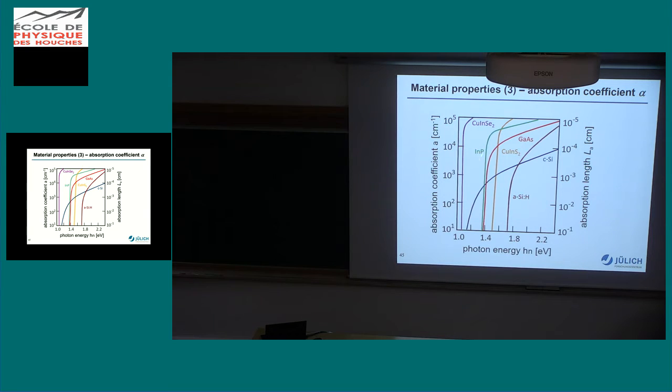And that's the same for all. Gallium arsenide is slightly different. You maybe need a little bit more than a micrometer, but with indium phosphide and everything else, you are very fine with even less than a micrometer.